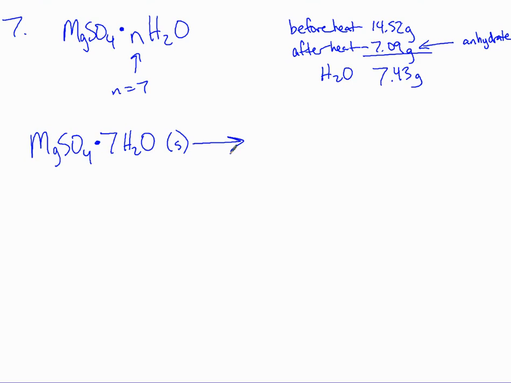We end up with two products: a solid MgSO4 and some gaseous water. Are we balanced? No. We need a 7 on the water. Now we're balanced.